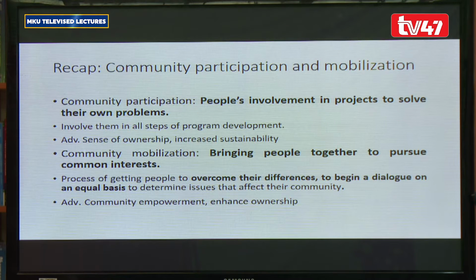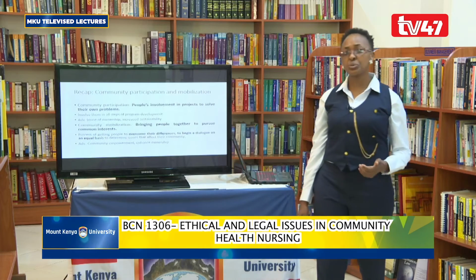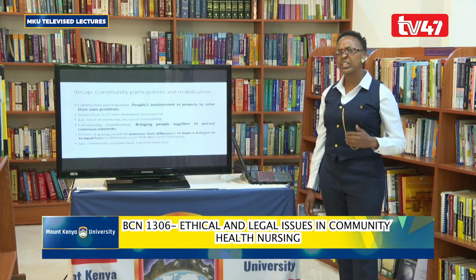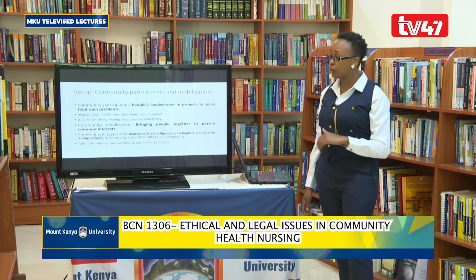Now I want to give an example of what we discussed last time. For example, if you go to a community and you realize that the community has an issue of pneumonia. There are so many children with respiratory tract infection. Then you need to go into details, do a community needs assessment, and understand what would be the cause of pneumonia in the community.